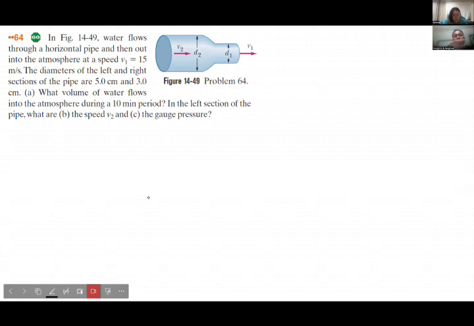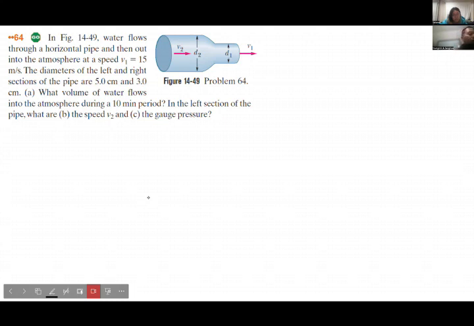But now this is a horizontal case. If you stay at different spots along the horizontal streamline, then you should consider different amounts of pressure, because point one and point two do not have to have the same pressure if they are at different positions. Okay, all right.